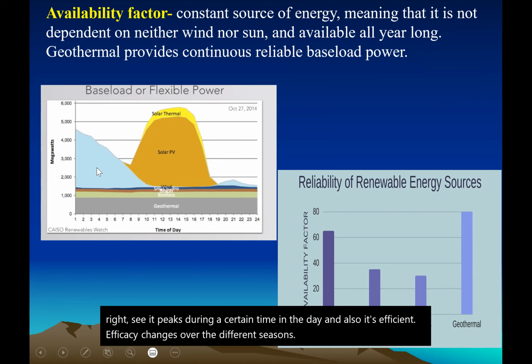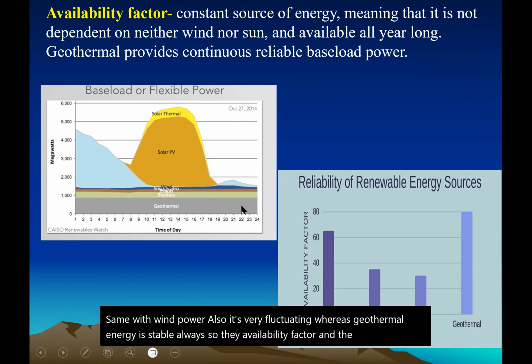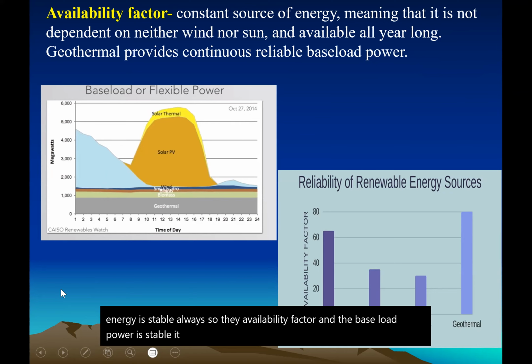Same with wind power also. It's very fluctuating, whereas geothermal energy is stable always. So the availability factor and the base load power is stable. It is very, very reliable. Together they can complement each other very powerfully.